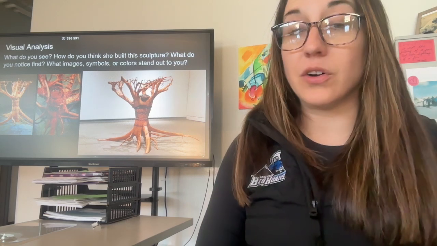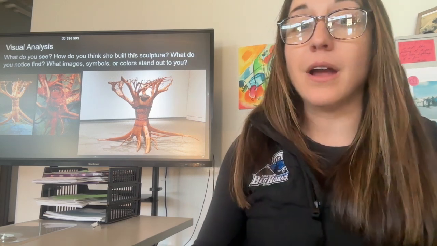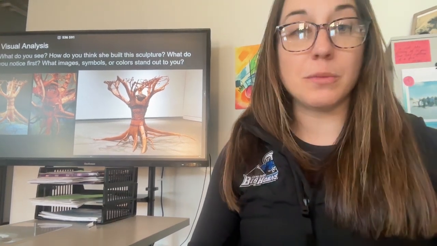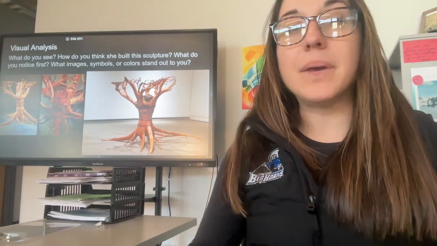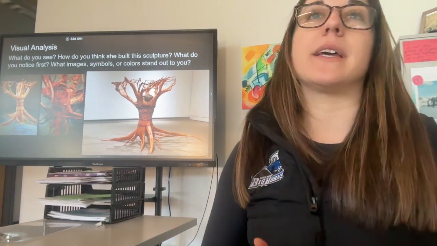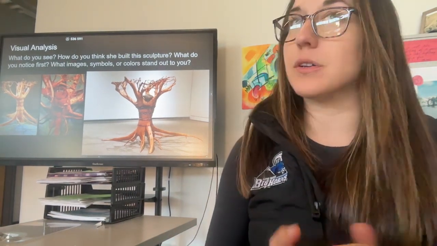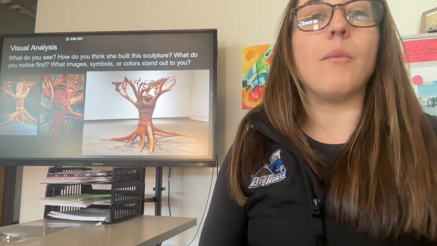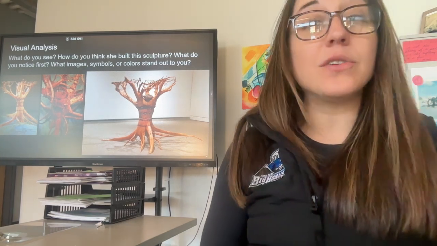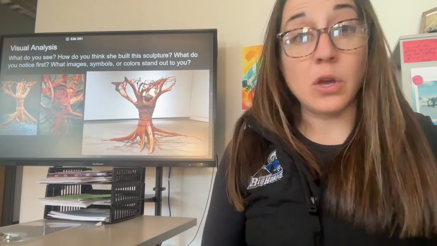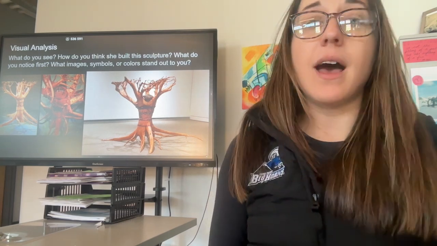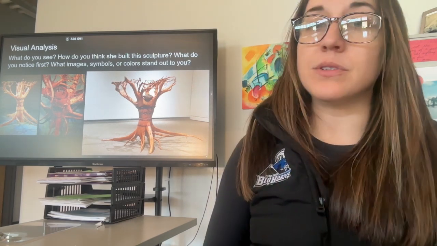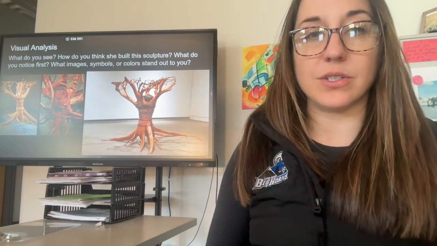You can take a little bit of a closer look when you are practicing visual analysis with your partner. But here are some things I want us to start to think about as you're going through your visual analysis checklist that's on your worksheet. What do you see? How do you think she built the sculpture? What do you notice first? And then what images and symbols and colors are standing out to you?